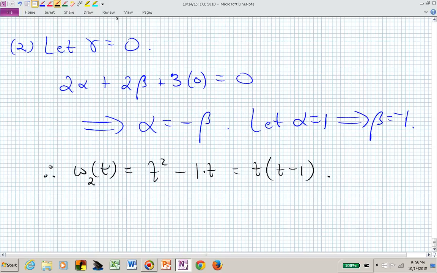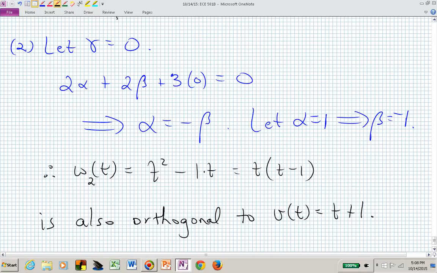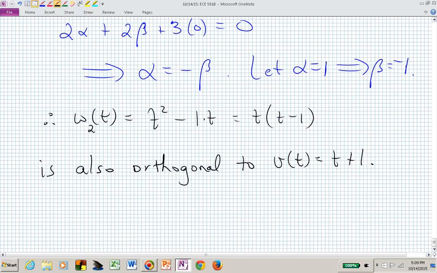So this W sub 2 equaling t times t minus 1 is also orthogonal to V of t that's equal to t plus 1.